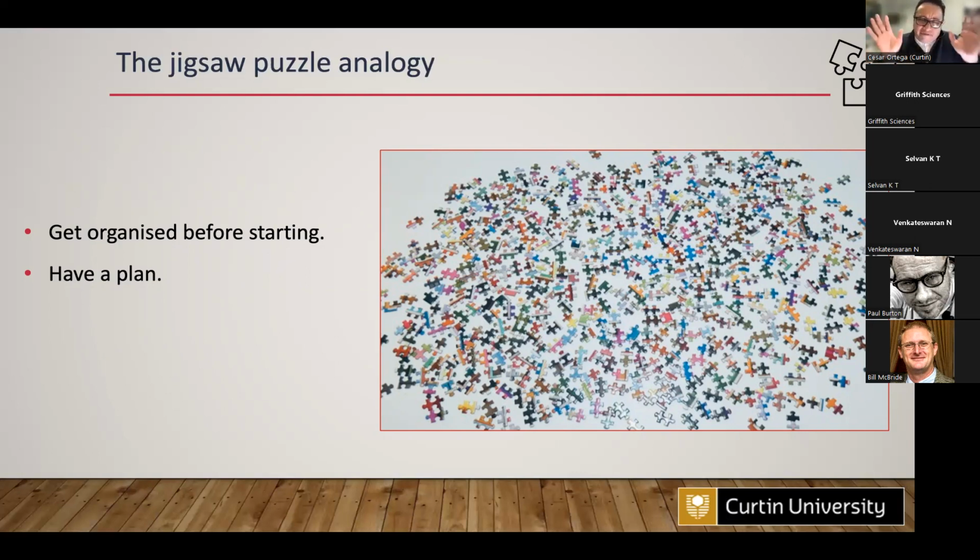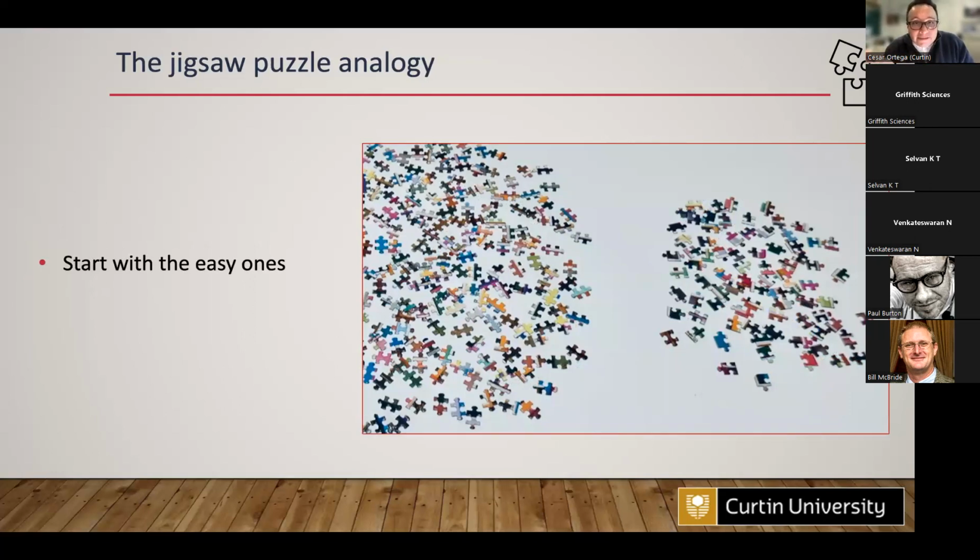I don't know, different things. It's the same in education. When students do an activity, go to a lab, a workshop, a tutorial, when they enroll in a unit or a course, they need to have a plan. They need to be able to visualize in their head what they're going to be doing.